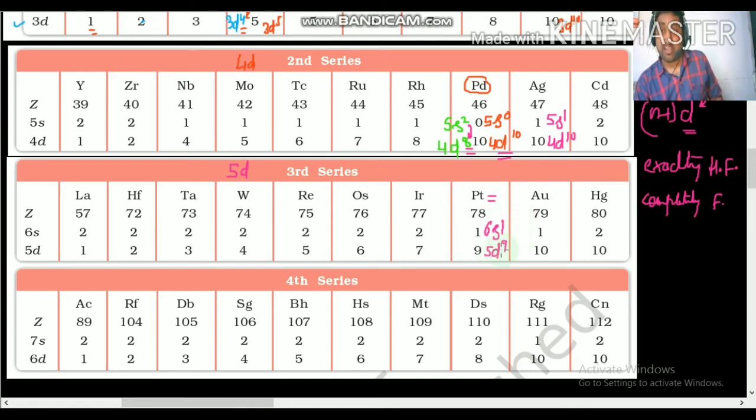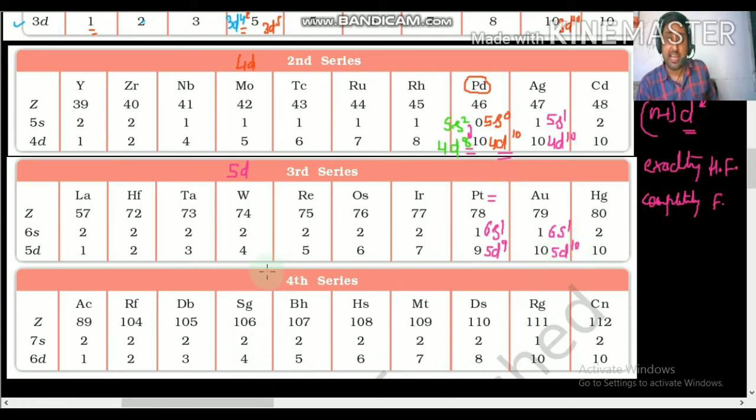Maybe the second electron may feel more repulsion, the pairing energy demand might be more, or the exchange energy might not compensate for the transfer of the second electron. That's why it remains only 6s1 and 5d9. Again here in gold you can say 6s1 and 5d10, the completely filled electron configuration.